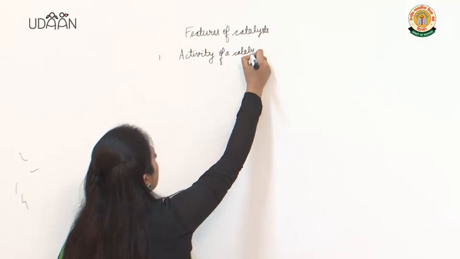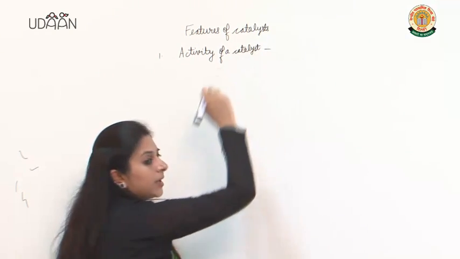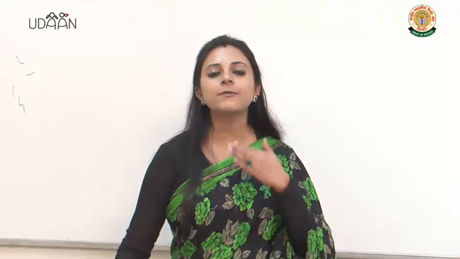Now we know that the catalyst gets adsorbed on the surface of the reactants, but the catalyst should not adsorb so strongly that the other reactants cannot get adsorbed. So this activity of a catalyst basically depends on the extent of chemical adsorption.